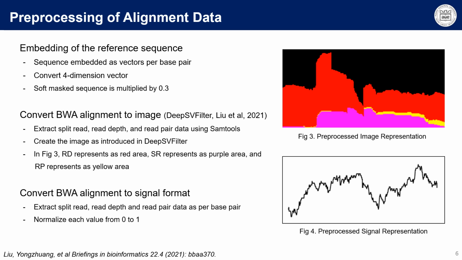These data are used as image modality. We also convert alignment data to signal format. Like image modality, we extract split reads, read depths, and read pairs per base pair, and they are normalized from 0 to 1. These data are used as signal modality.